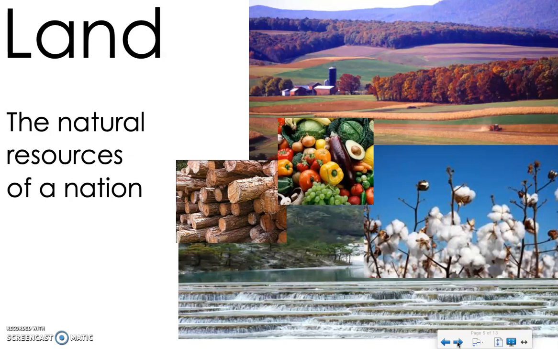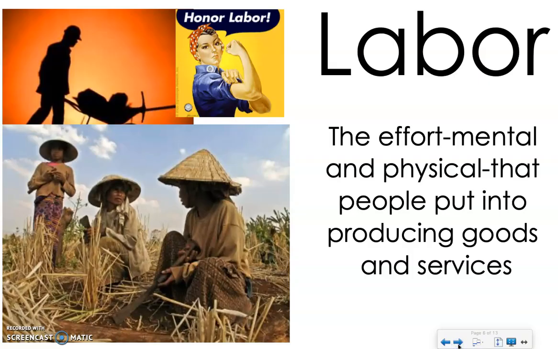An economist is going to look at natural resources of a nation, most likely raw materials like soil, water, plants, and minerals. So that's what an economist is going to mean by land, those natural resources. And again, remember, those are going to vary from country to country or nation to nation. The second thing is labor.